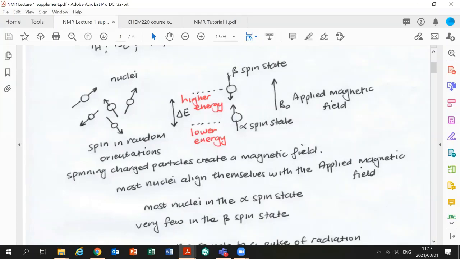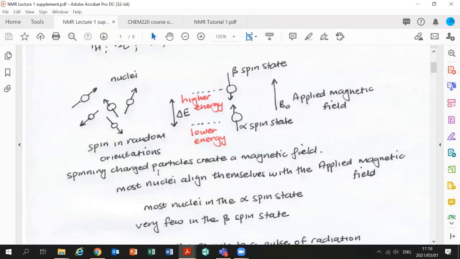And this beta spin state opposing the applied magnetic field or opposite in direction to the applied magnetic field indicates that this is a high energy state. More energy is required here. All right, so just to recap, spinning charged particles create a magnetic field, and you saw that here. And when you put it into an applied magnetic field, they either align themselves with the applied magnetic field or against the magnetic field.